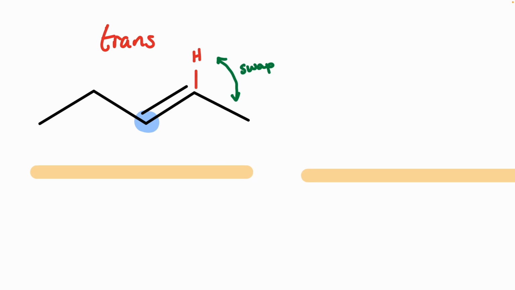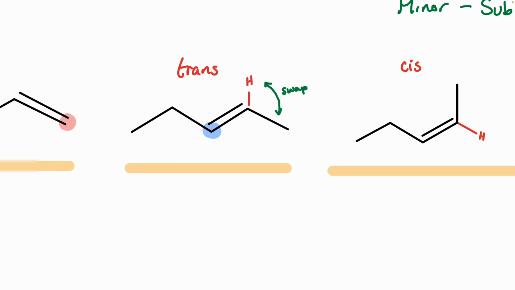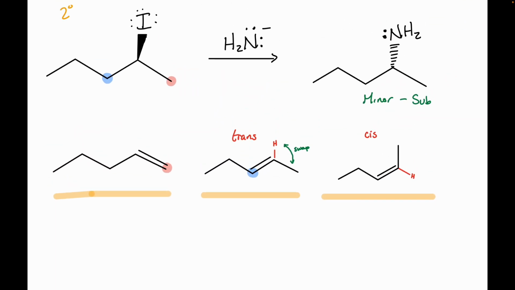That would be my cis alkene. I'm going to draw my double bond, but now I'm going to draw that hydrogen over here and that methyl group pointing up. And that would be my other stereoisomer, my cis alkene. All right, so here are all 4 of my possible products.